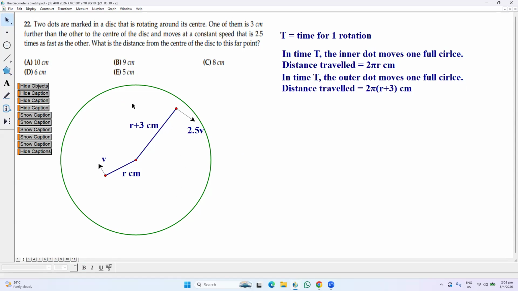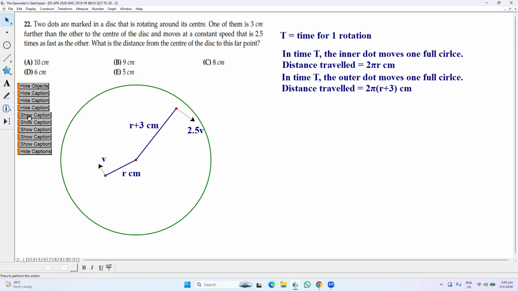They move according to the rotation of the disc. So 2 pi (R plus 3) is the circumference of the circle for the outer dot. But we are told the speed is 2.5 times.